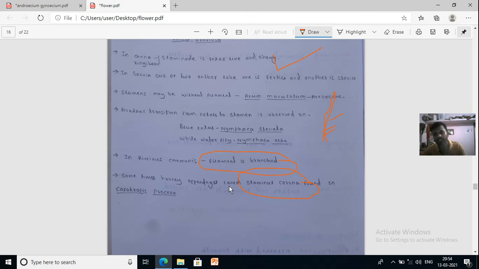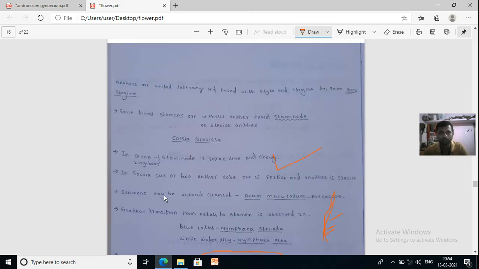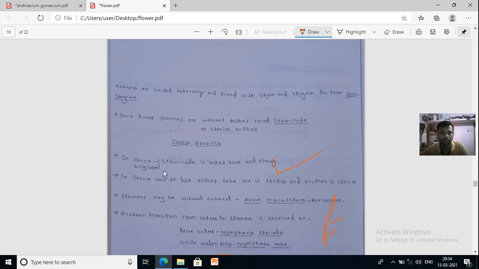These are the points which are very important: the branched stamen, the staminal corona, the staminode condition, and where the staminode is petal-like. These are crucial points regarding the anther.